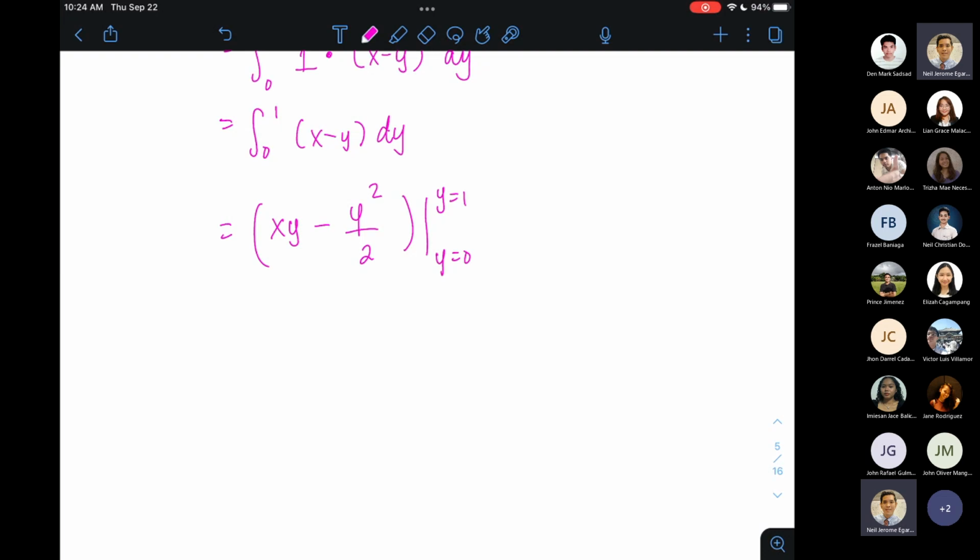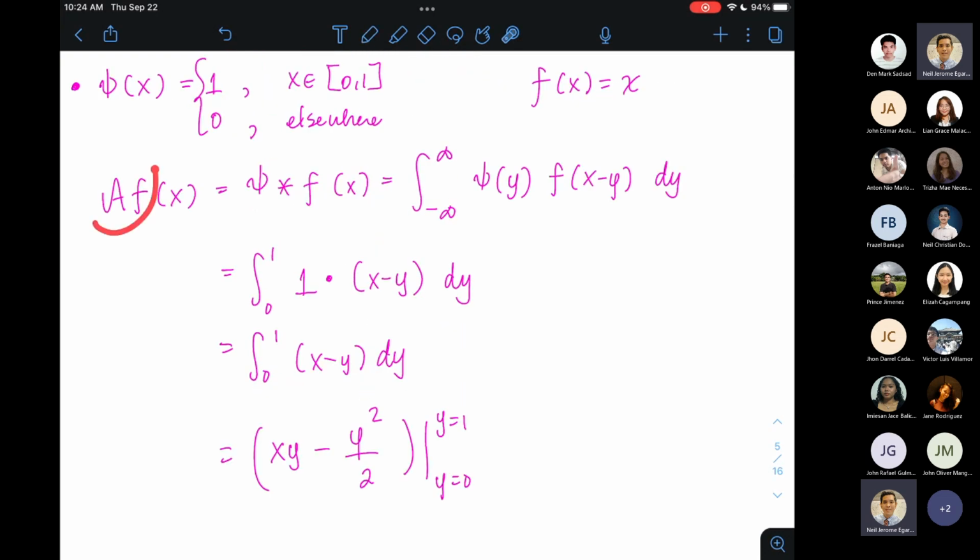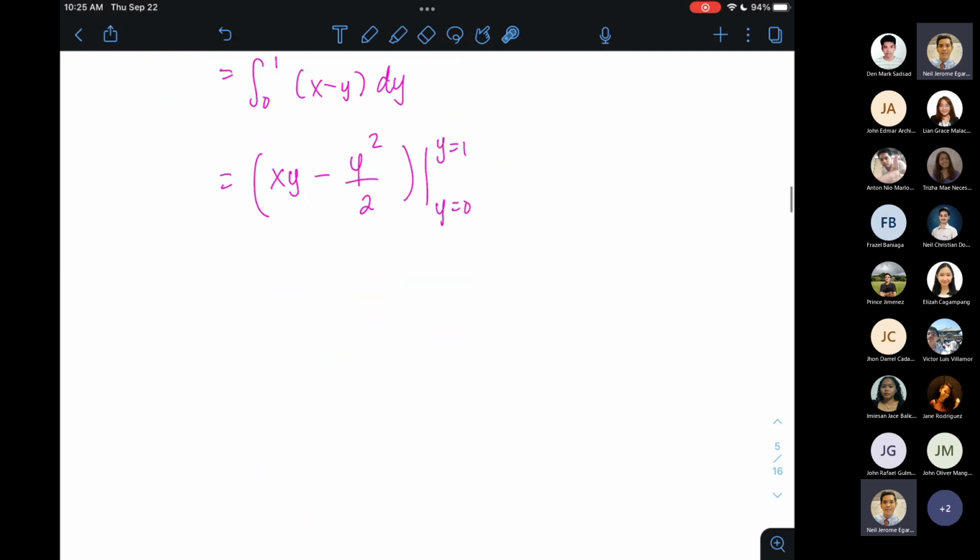So understandably, may matitirang x's doon sa final answer, and that's acceptable because remember, the convolution is a function of x, right? So si convolution ng psi at f ay function ni x. So okay lang na may makita tayong x dito sa final answer. So that means here, what do we get?